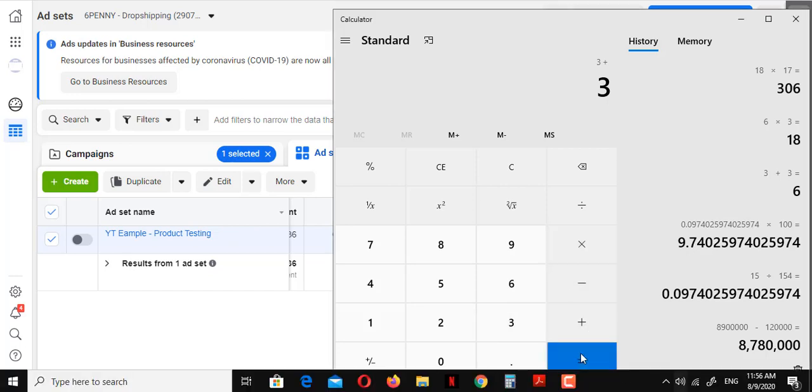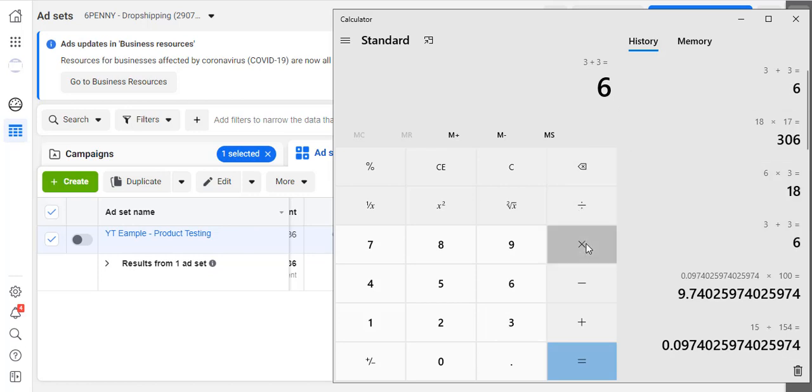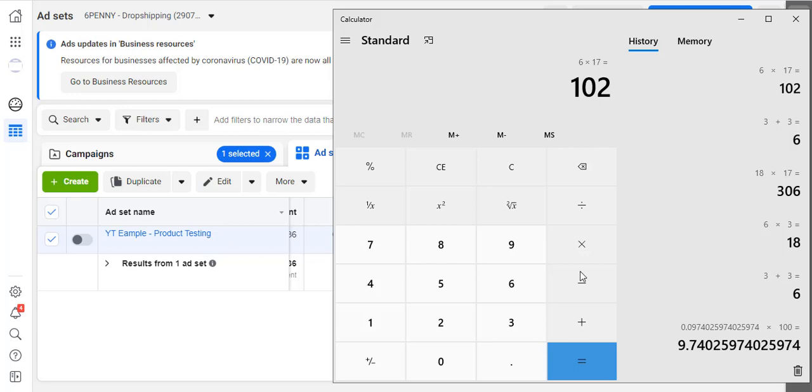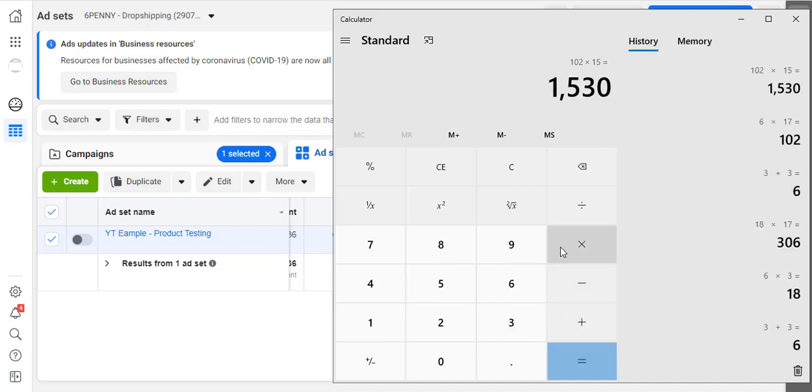Oops. That's 6. So 15 people bought it. First of all, let's multiply $6 by 17, because I want to do everything in South African rands. So that's 102. 102 multiplied by 15 people, 1,530, right? So, okay. Let's go again.